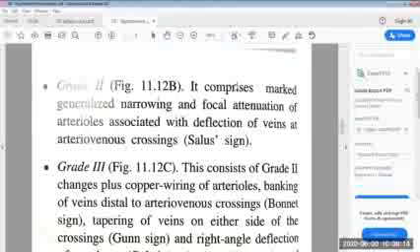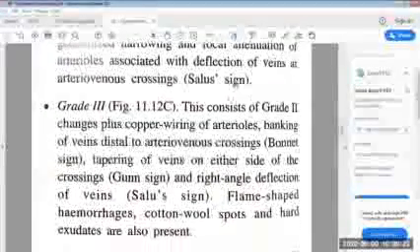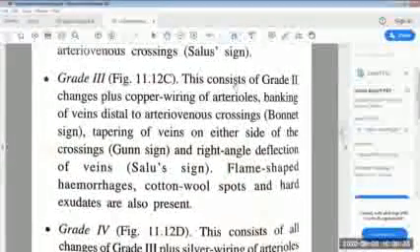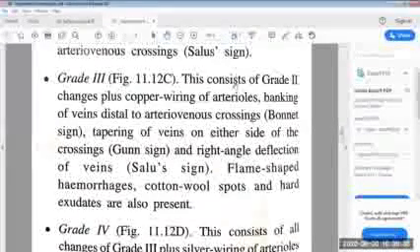Then there is grade 3. This consists of grade 2 changes plus copper wiring of arterioles, banking of veins distal to arteriovenous crossings, the Bonnet sign. The tapering of veins on either side of the crossings is called the Gunn sign.